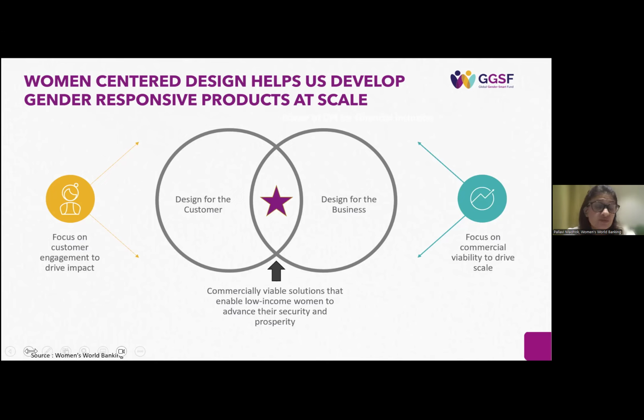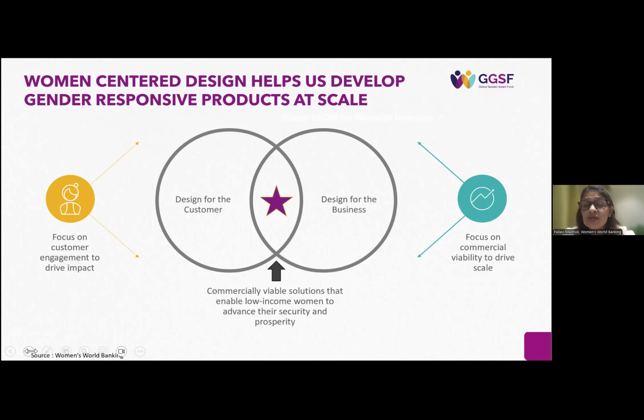That is designing for the business. Because what we really also want to understand is where value is added for a financial product, what makes sense for a business. Will the business be able to take this program ahead on their own? Will it be commercially viable for them to drive scale?